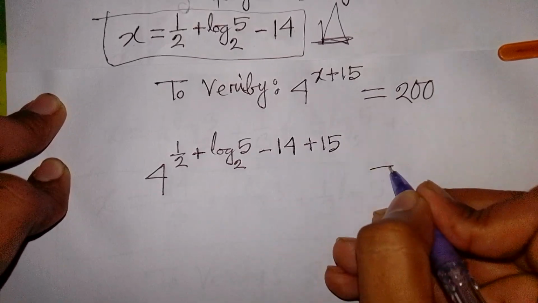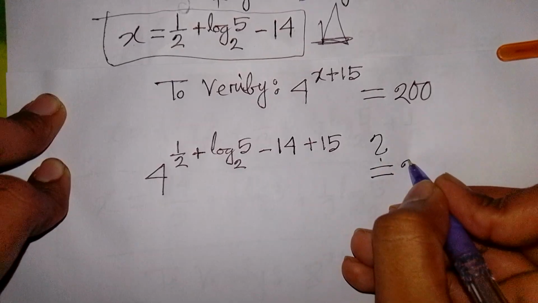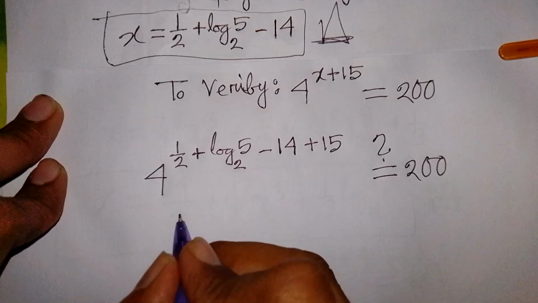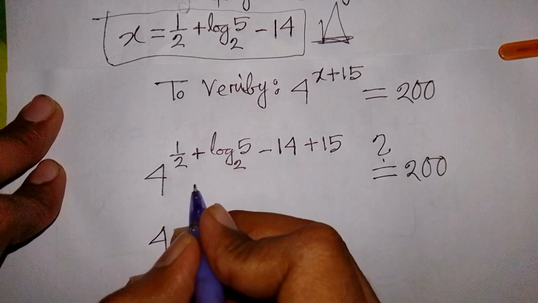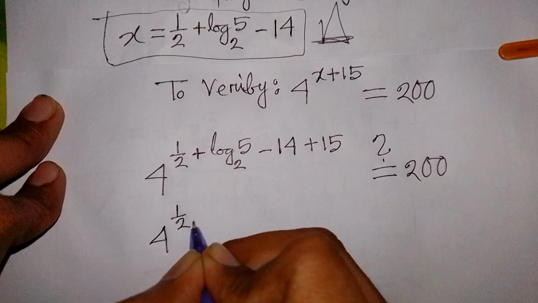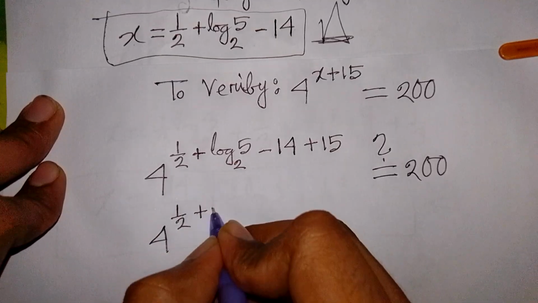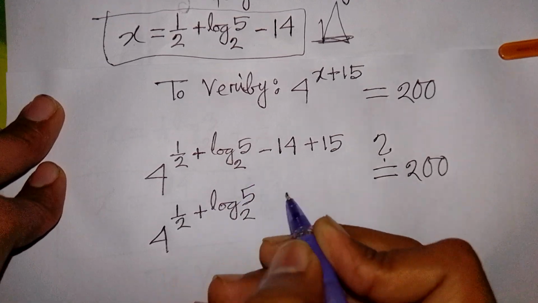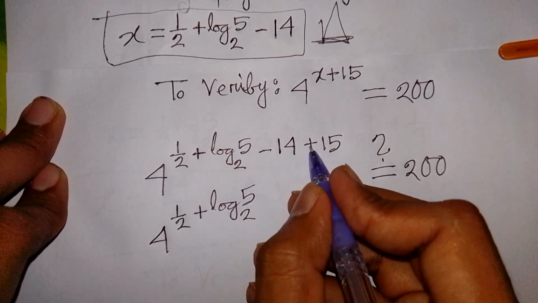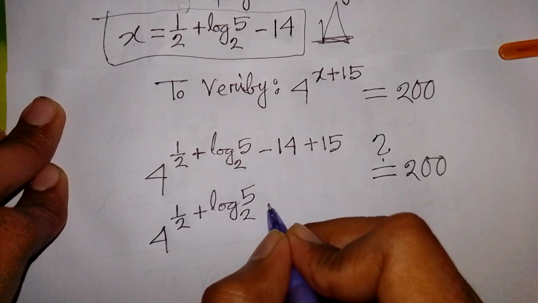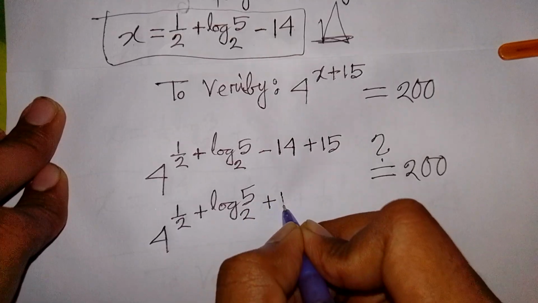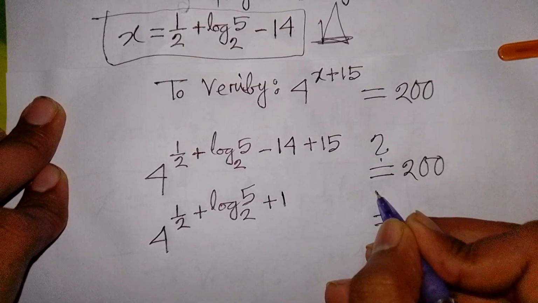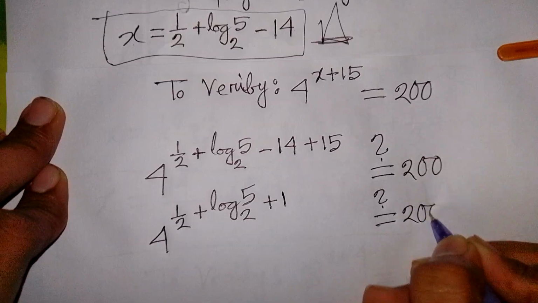Is it equal to 200? In the next step, 4 power of 1 by 2 plus log 5 base 2, then plus 15 minus 14, that means it will be plus 1. Then here, is it equal to 200?